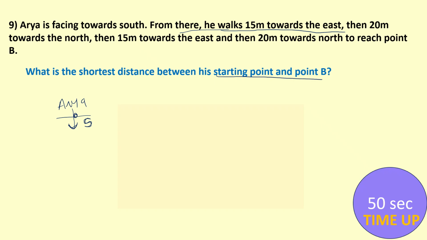Logical reasoning is like this only. So next, he walks 15 meters towards the east. So he is facing south, but here the starting point is this. He is facing towards the south, but he is starting from here and he walks 15 meters towards the east.